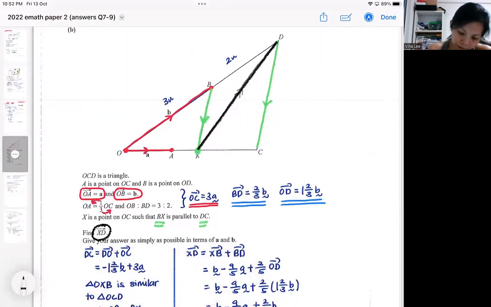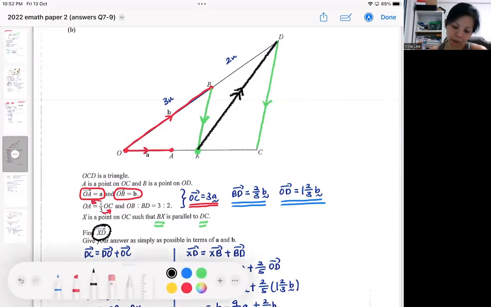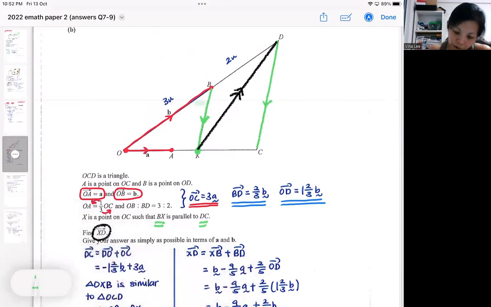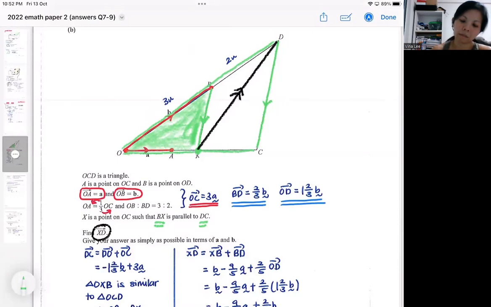It's not going to be difficult. You just have to be very organized in your fill in the blank. And it also helps that you can see similar triangles. So this triangle here is actually similar to the big triangle. Why do I say that it helps?